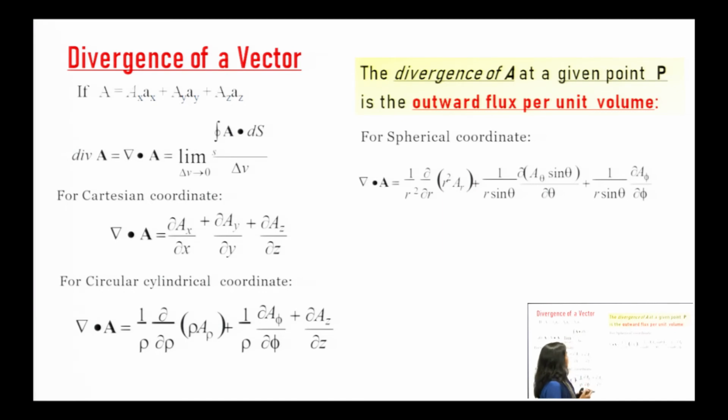So it gives how much a field is spread outward, what is the divergence capacity of any field. So, it can be defined as the outward flux per unit volume.